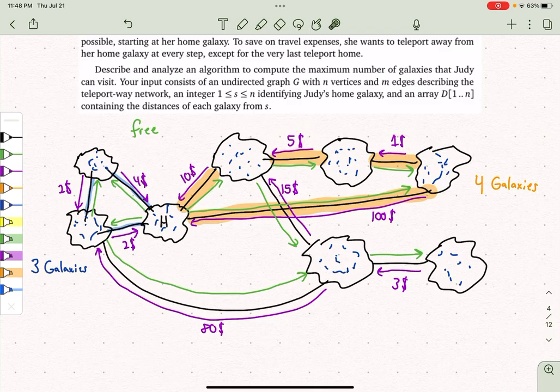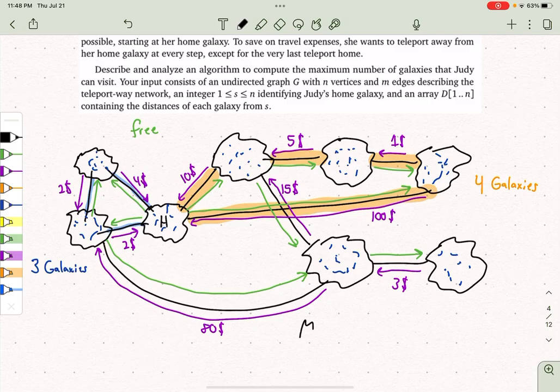So one example of a tour that gives 3 galaxies to Judy would be to start home, move to this galaxy, move to this galaxy, and then go back. Or we could take the orange edges and keep going farther and farther away until we eventually come back. This one will give us 4 galaxies, which is the best we can do in this problem. So that's the kind of thing we want to compute.